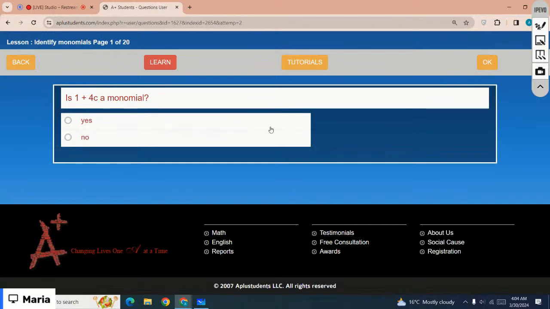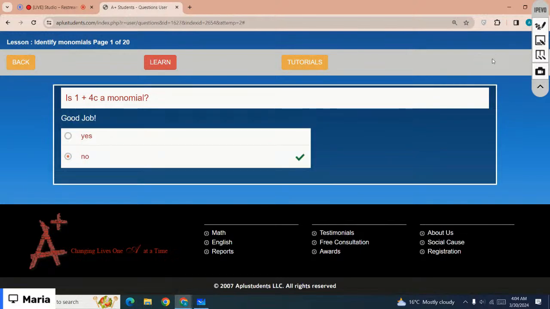The correct option is no, 1 plus 4c is not a monomial.